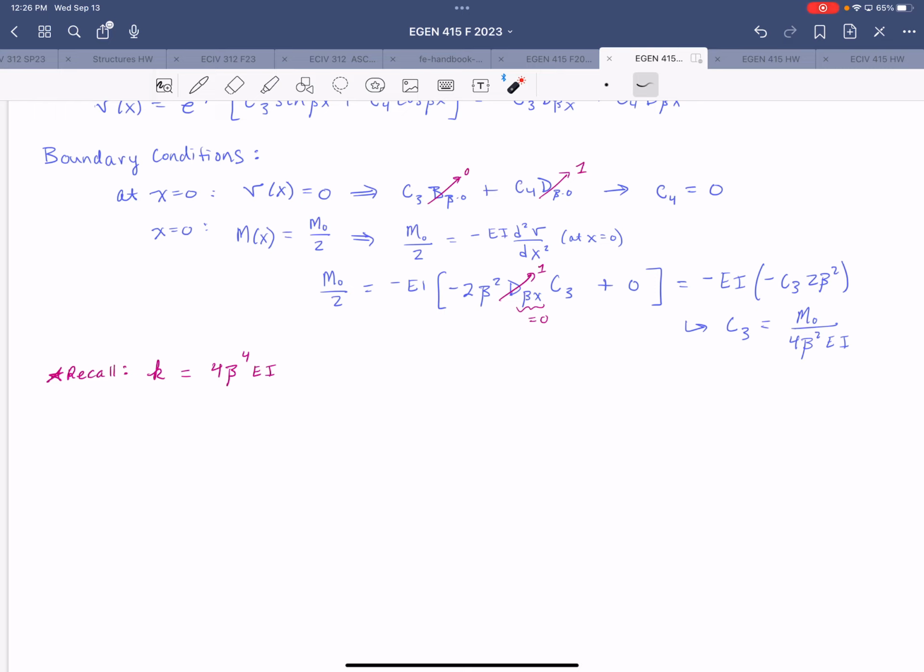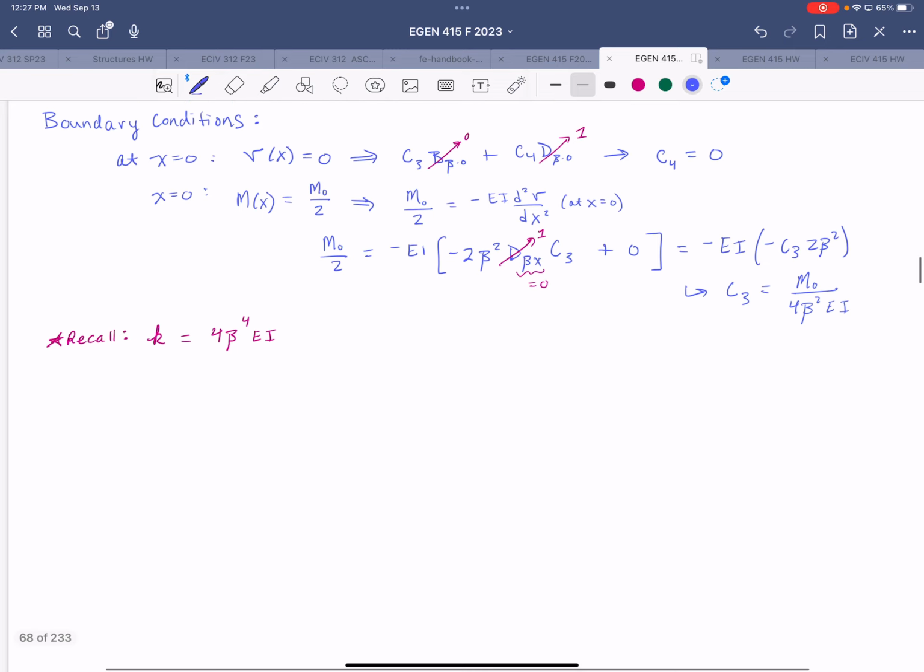So starting with a problem where you're likely to be given a value for beta or assume a value for beta, you can relate it back to the stiffness modulus with this expression. We can also use that term to manipulate our equations moving forward in the analysis to simplify things. So we can then say that our constant C3, for example, is equal to M naught beta squared over k.